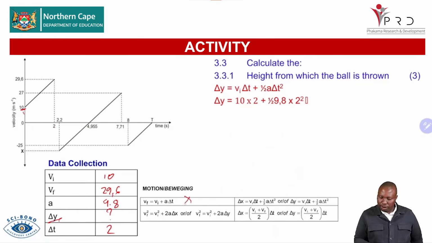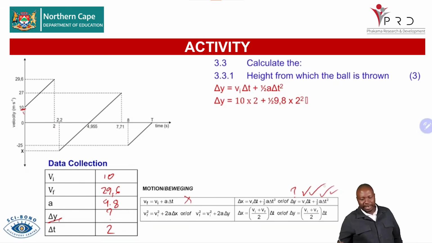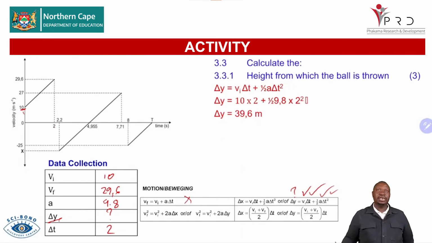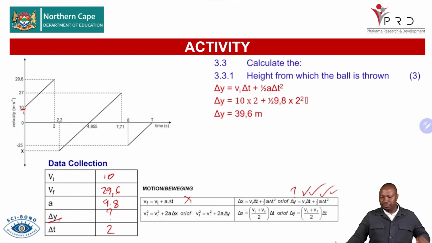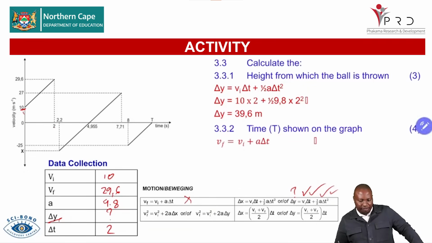That disqualifies this one. Then in the second one, you are looking for change in y, you have initial velocity, time, and acceleration. So you can use that formula, or any other formula that will help you solve that question, and determine the height of the building, which was 39.6.